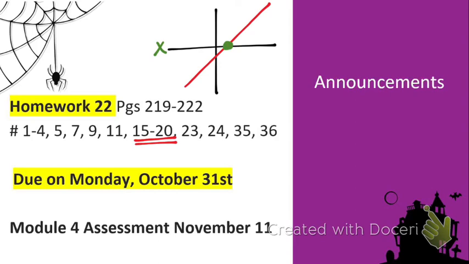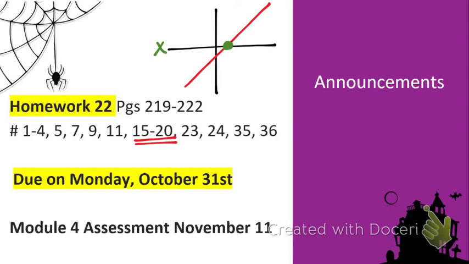And then when I call your name, you can see your test, and then you can also use this time to work on corrections. If you would like to take the Module 3 test, it has to be done before the end of next week. So spend this time. Our phones should not be out. Let's not have out our phones. I need for you all to dial in because we only have 2 more tests.